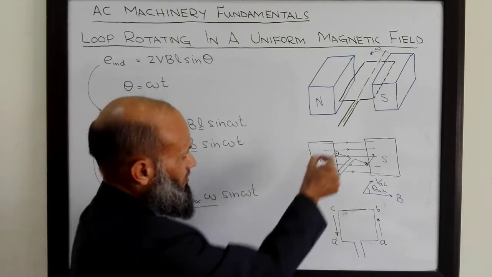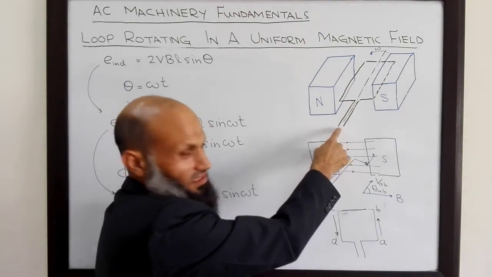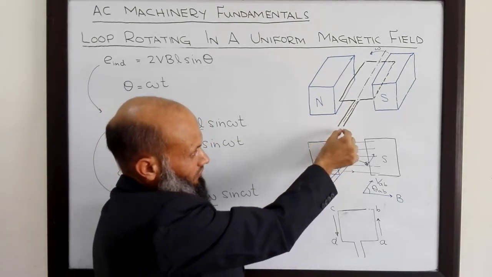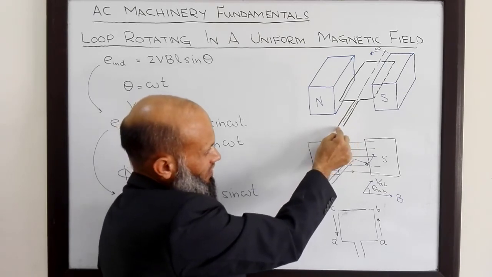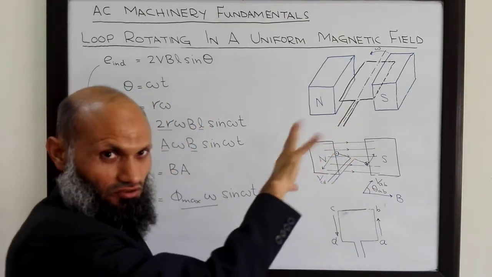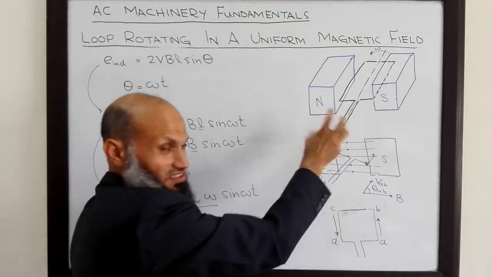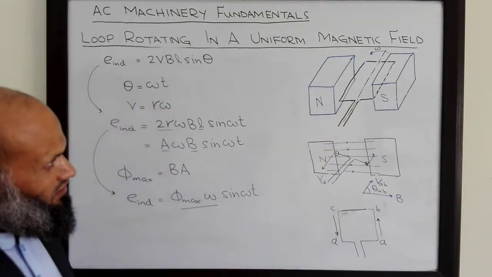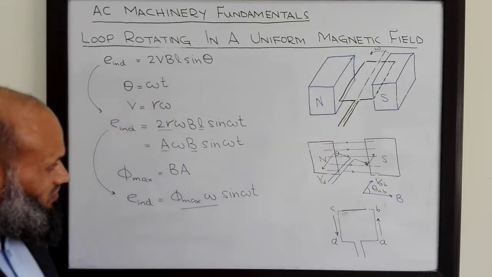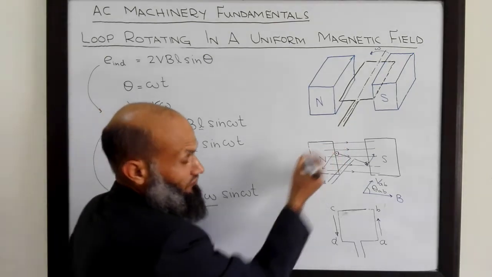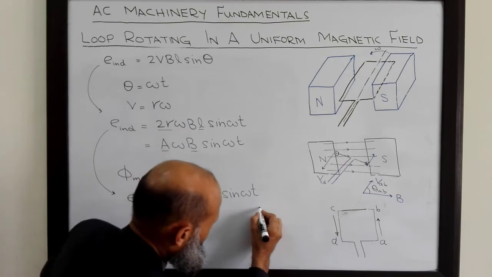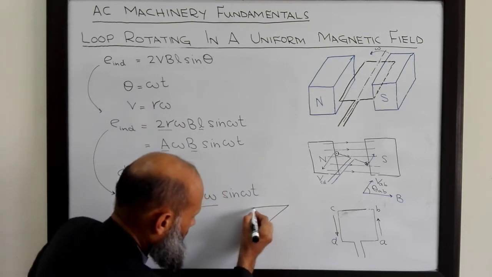Furthermore, how would we connect the electrical load to this coil? If we just connect a load to this coil, which is rotating, the wire will twist and finally it will break. So the strategy that can be utilized is that of slip rings. That is, we have this coil.